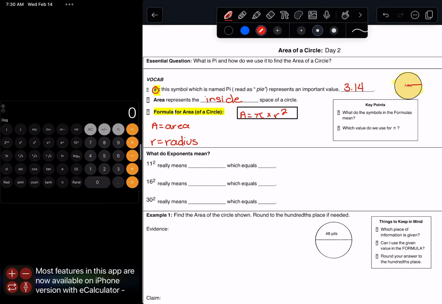It doesn't go all the way through, it's just from the center out. And then our last one is pi, which is 3.14. Important note: when we see r squared, we need to multiply radius times radius.